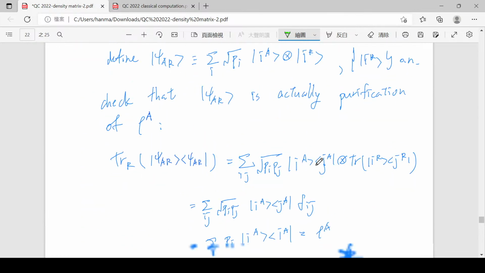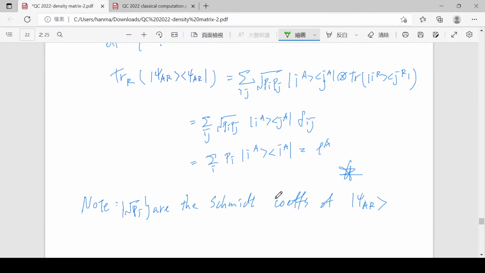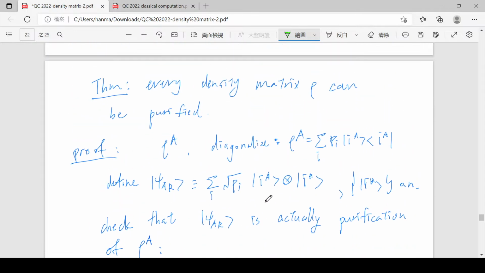And here you already see the correlation between Schmidt decomposition and purification, because this purified state we wrote down is already in Schmidt decomposition form: a sum over positive numbers, with some known basis on A and some known basis on R.